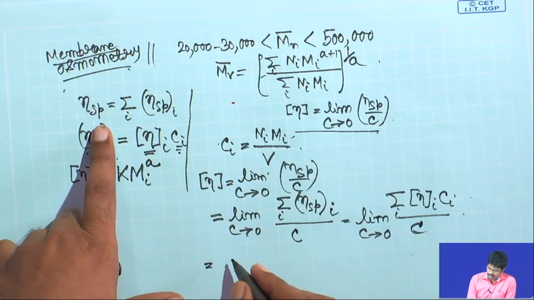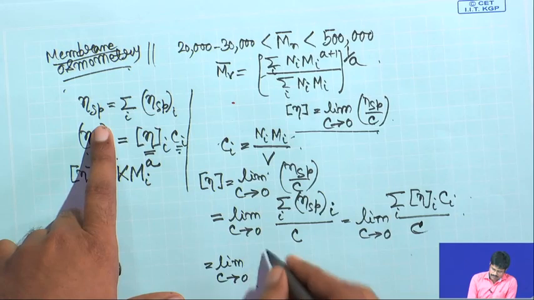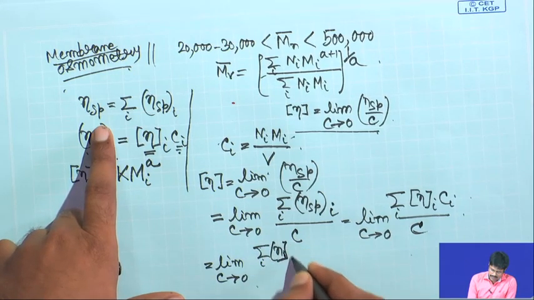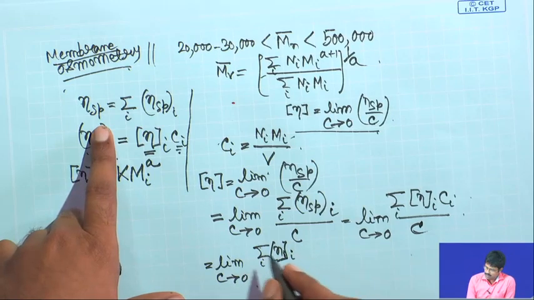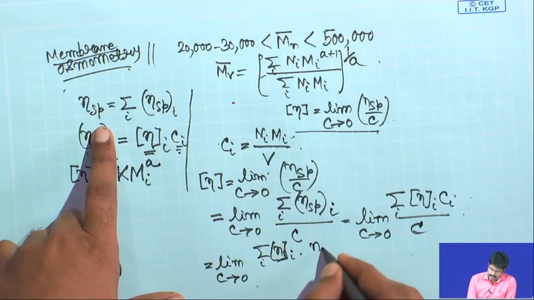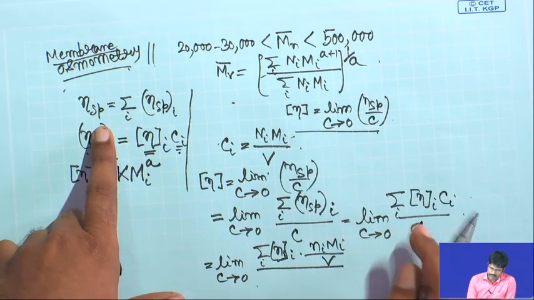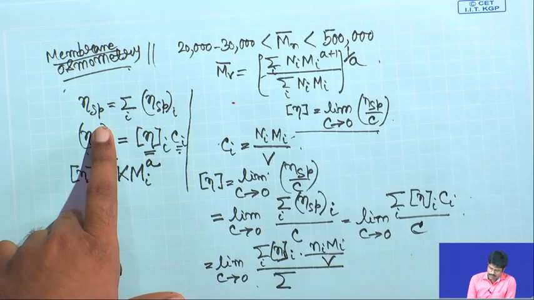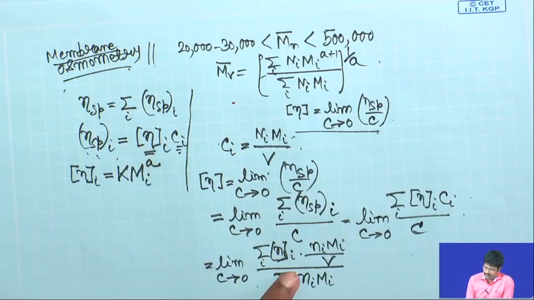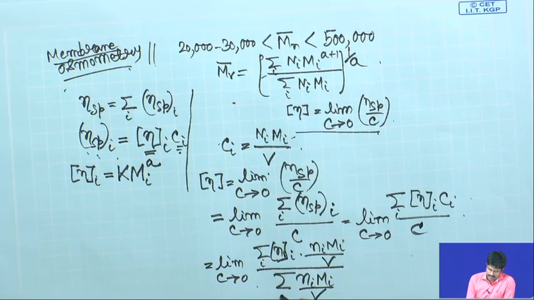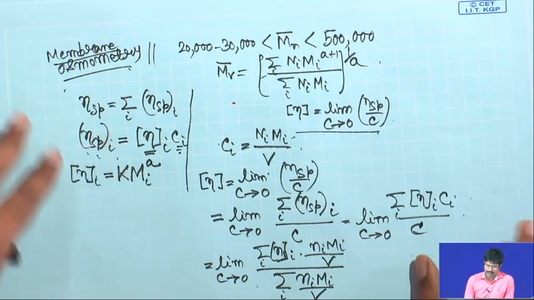So, that will be equal to the limit c tends to 0 of sum over i of eta i into N i M i divided by V, and at the bottom, the total concentration will be sum over i of N i M i divided by V.